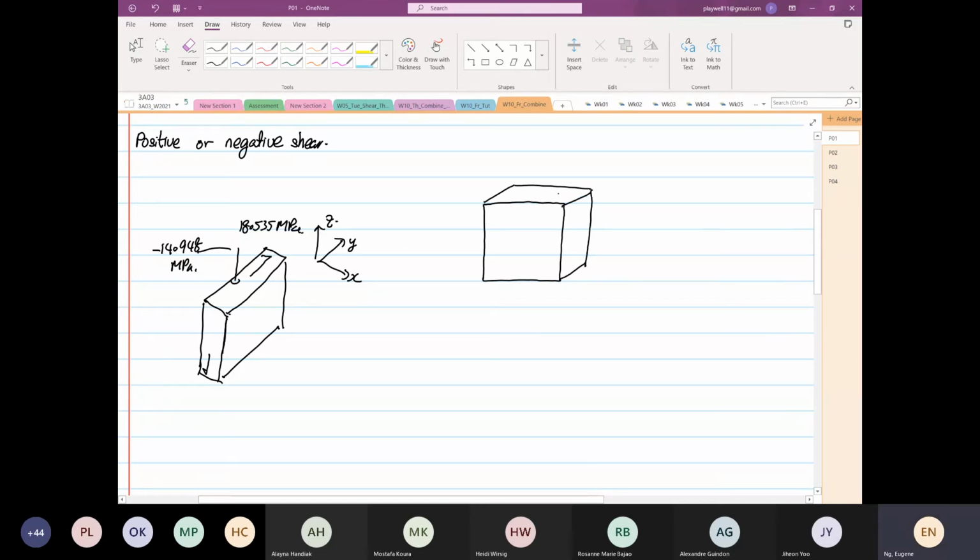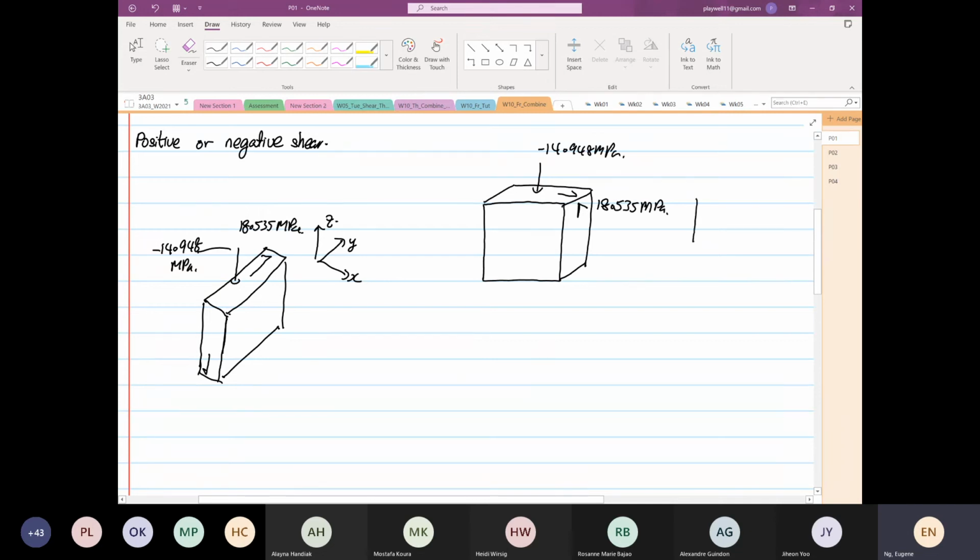We know that we have stresses this way, that is 18.35 megapascal, and then we have a compression of minus 14.948 megapascal.